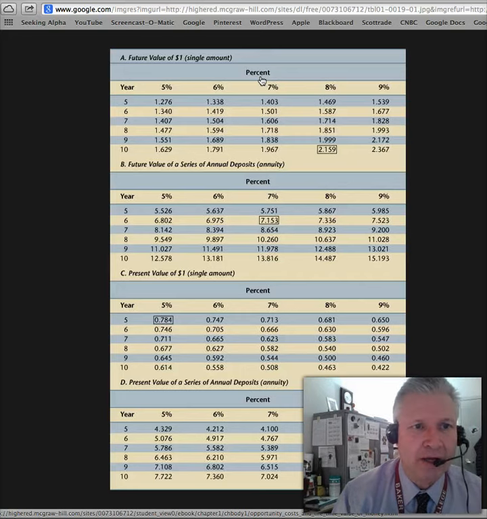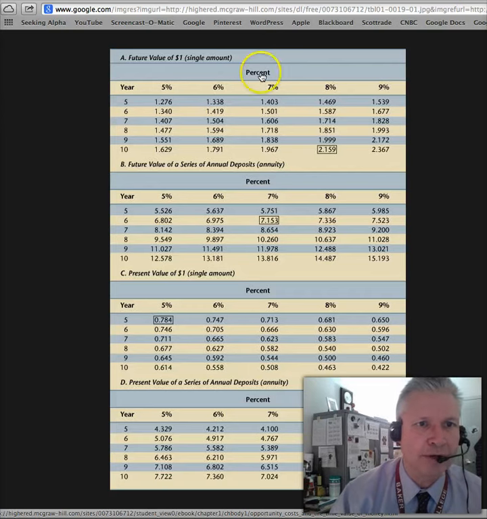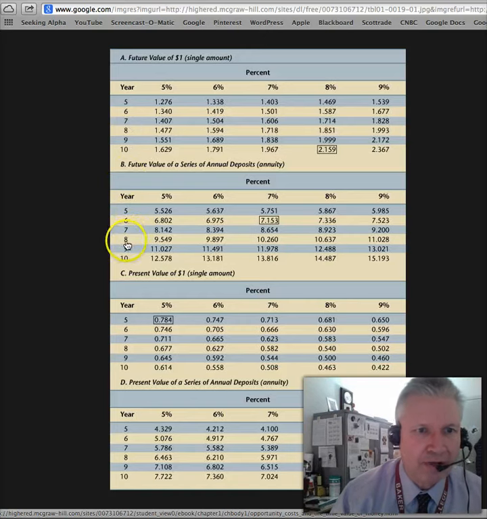If we had a 2-year time period, but it was quarterly payments, how many quarters are there in a year? Well, there's 4, so there's 8 quarters in 2 years. So if we had a situation where we were talking about 2 years of quarterly payments, you'd have to use 8.